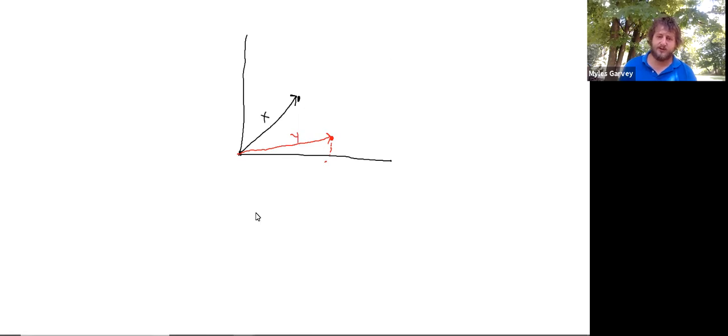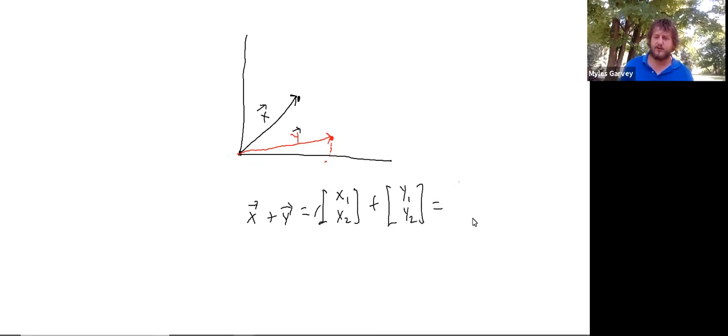So what does it mean then to add vectors x and y? Well, we already saw that the way we add these things, we have x1, x2, and that's y1, y2, and we just get a new vector with x1 plus y1 and x2 plus y2.